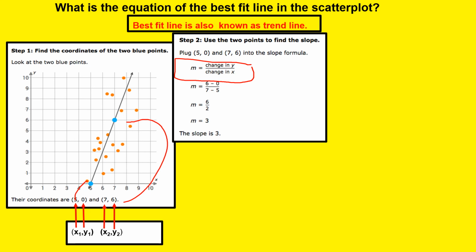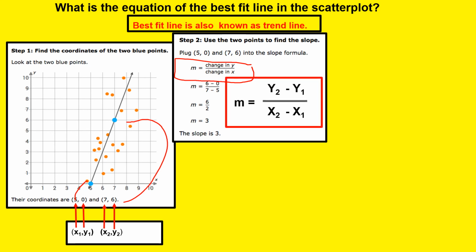So m is equal to 6 minus 0 over 7 minus 5, because y sub 2 is 6, y sub 1 is 0, x sub 2 is 7, and x sub 1 is 5. When we sub in, we get 6 over 2, which reduces to 3, and so therefore we know our slope is 3.